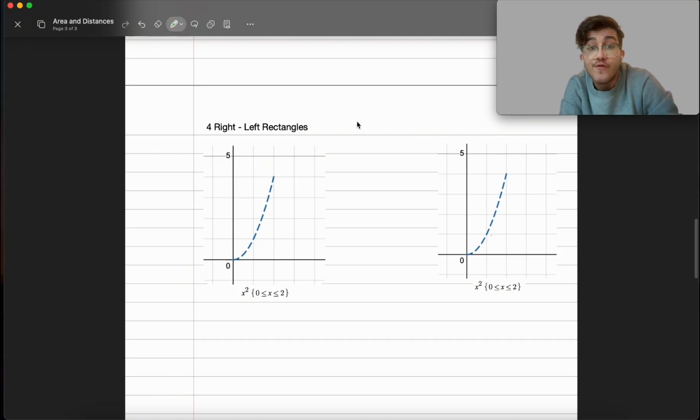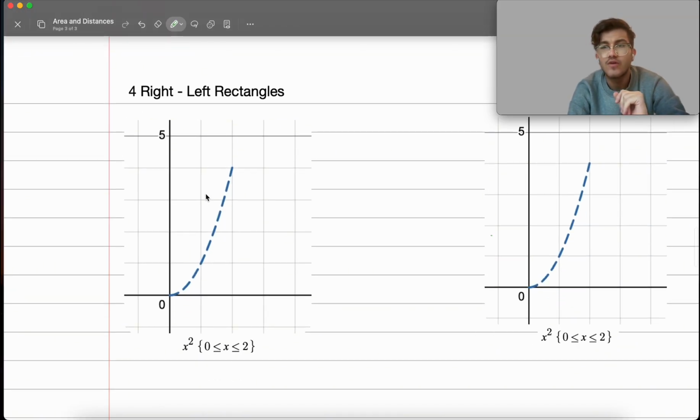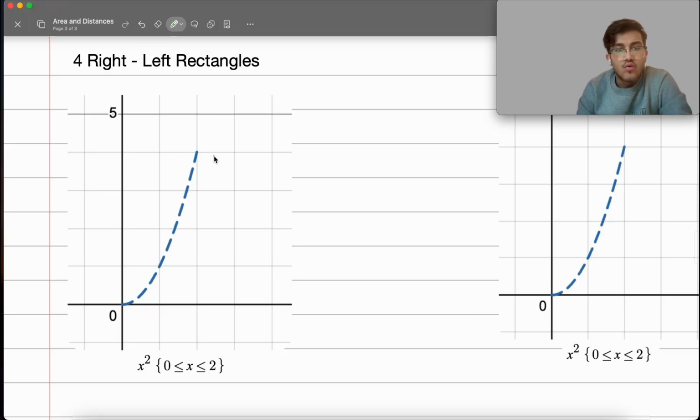But now we're going to use both right and left rectangles, but now 4, not 2. And let's see the difference between right and left and 2 and 4. So I'm going to start with the right because we're familiar with that. Now I know my domain is from 0 to 2. So the width is going to come from my domain.